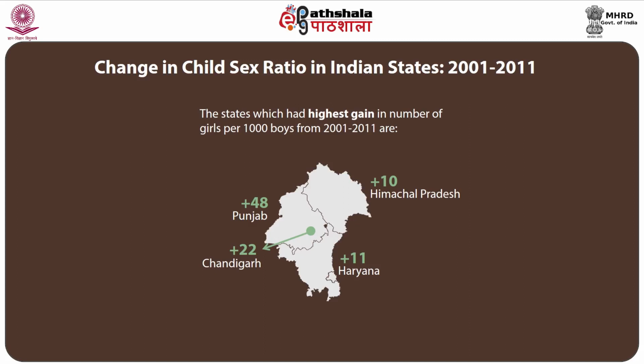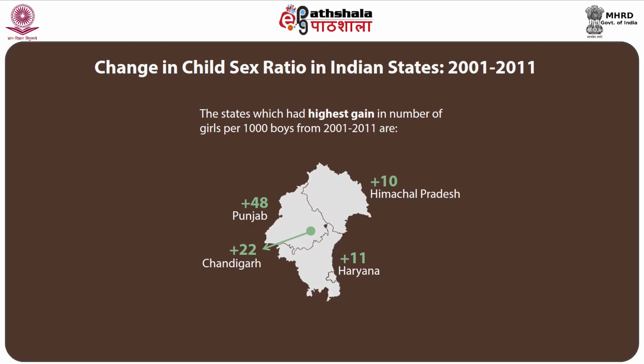Chandigarh, which is a union territory and a small area, has also shown an increase. Haryana, another major pocket of very worsened child sex ratio, has also shown a slight improvement in the last census decade. Similarly, Himachal Pradesh has also recorded a slight improvement.